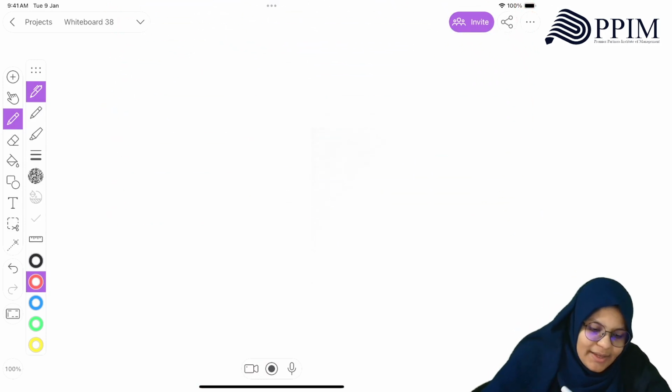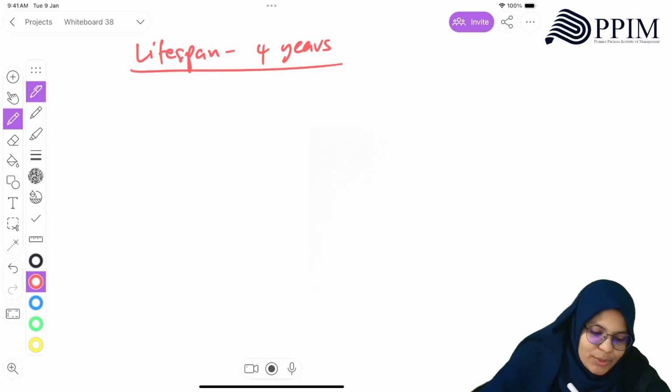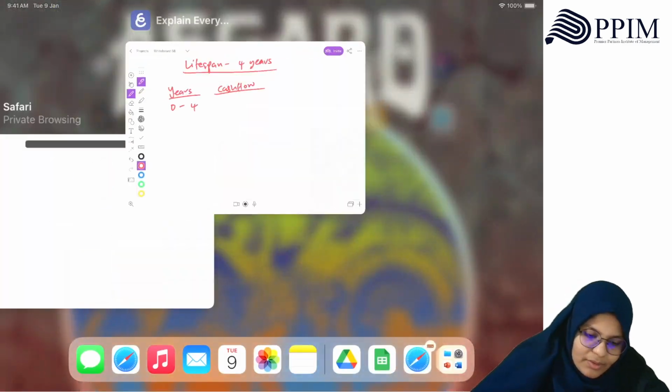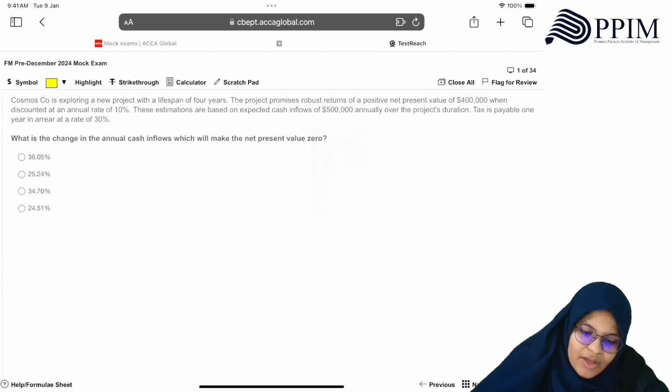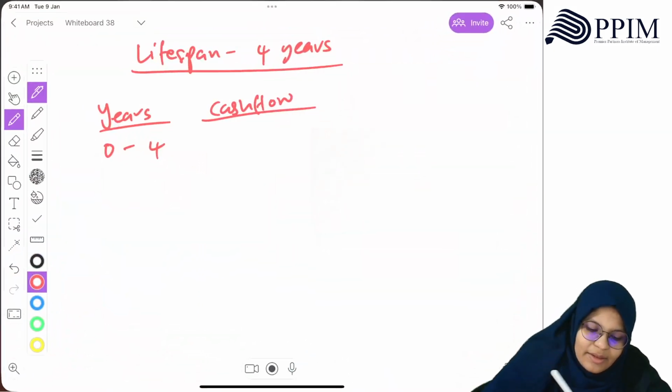Right, so the question is saying the lifespan of this project is 4 years. So if I'm going to get present value, I take the years, for 4 years, from year 0 all the way to year 4, there is going to be a cash flow of how much they told me in the question. They told me there is expected cash inflows of 500,000 annually. Okay, so that will be there in the first 4 years.